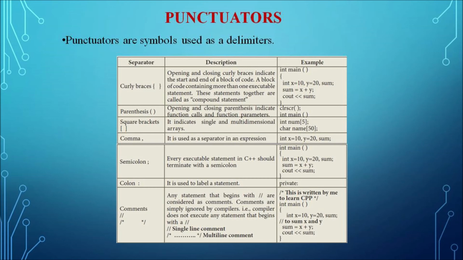And next one is square bracket. Square bracket is mainly used for arrays. An array is nothing but a collection of similar type of elements in a single variable. That is the definition for array. In the upcoming chapters you will be learning about arrays, so just know the definition.